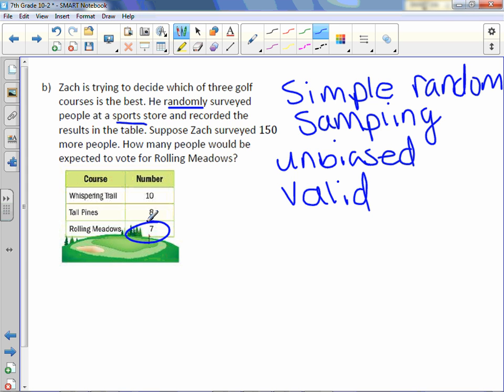So let's take a look here. We have Rolling Meadows, which is 7 out of, add those up, we get 25. It's already reduced, so let's just set up our proportion. He wants to know 150 more people.